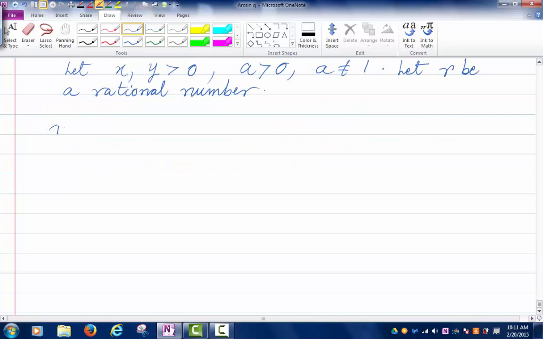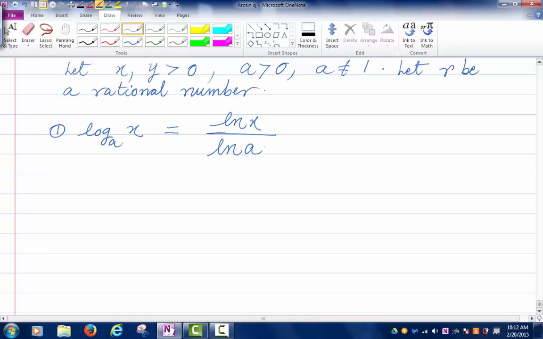Number 1, what is log base a of x? In fact, any logarithm base a can be expressed in terms of the natural log. How? It is simply ln of x divided by ln of a.